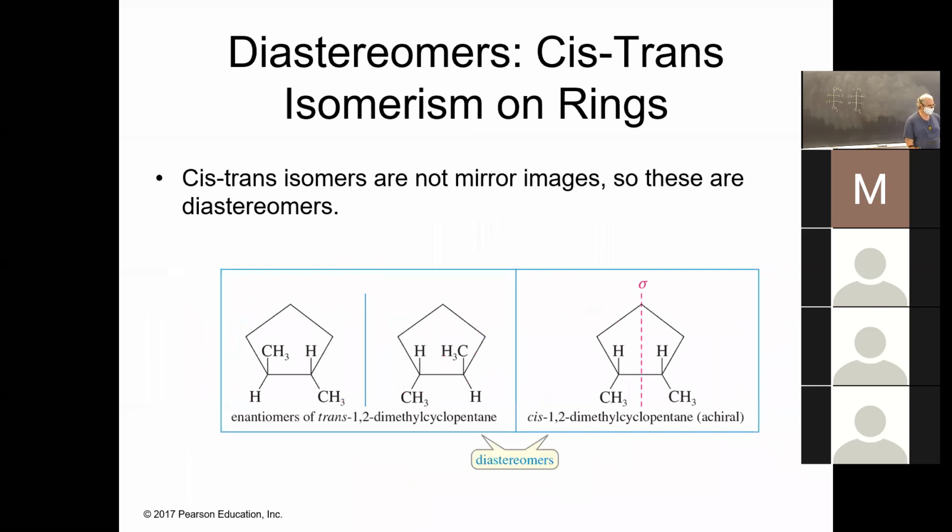But back here, the cis is a diastereomer, but it's achiral. So that's a meso. Definition of a meso: it's an achiral diastereomer. A lot of times I'll hear a meso compound described as something with a plane of symmetry. No, it's more than that. The usual reason is a plane of symmetry, but it has to have chiral centers and it has to have diastereomers to be a meso.